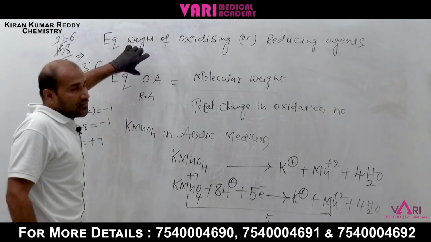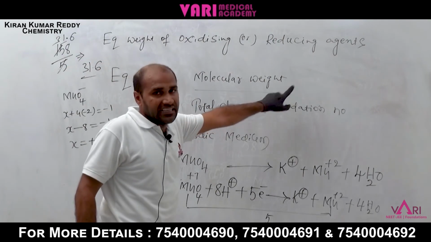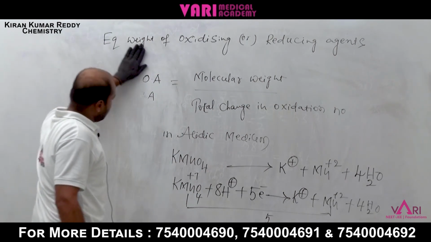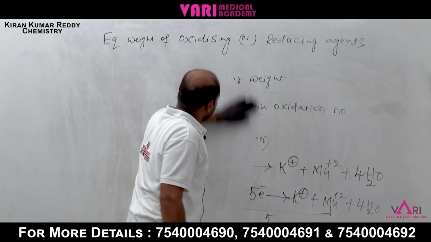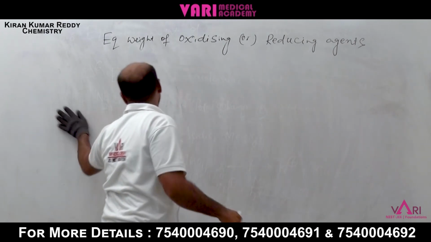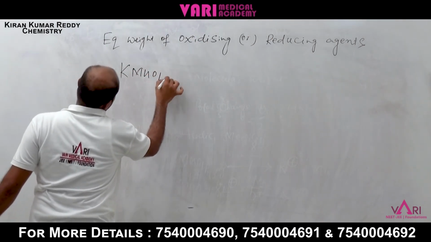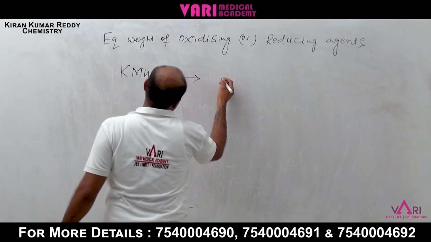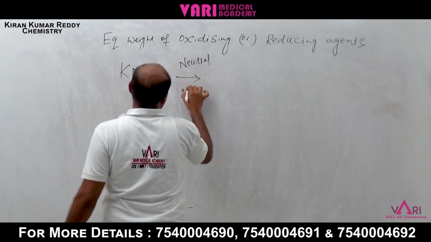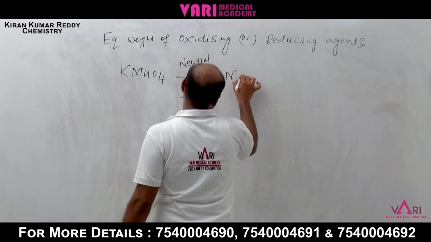Now, how do we calculate the equivalent weight of oxidizing or reducing agents? The equivalent weight of an oxidizing agent is equal to molecular weight by total change in oxidation number. Next, if you take KMnO4 in neutral or basic medium, we can take MnO2.